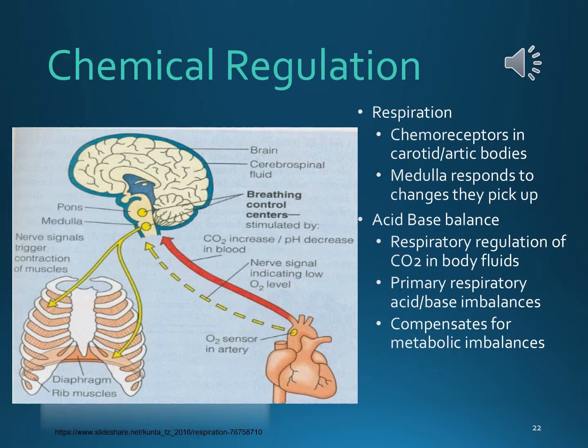The respiratory system also can compensate for metabolic imbalances, metabolic acidosis and alkalosis. So an example of this would be a metabolic acidosis like diabetic ketoacidosis, where you increase the rate and depth of your respirations to blow off that extra CO2 and decrease the pH.